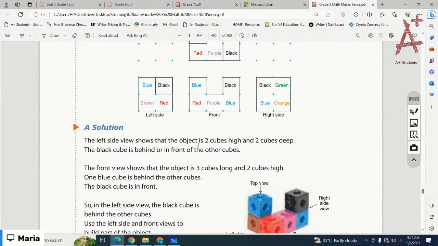The front view, this is the front view, shows the object is 3 cubes long and 2 cubes high. One blue cube is behind the other cubes. The black cube is in front.